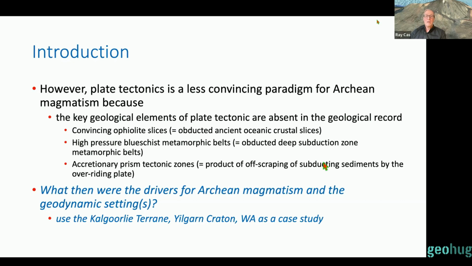There's also an absence of high pressure blueschist metamorphic belts, which represent the high pressure zone of subduction, where off-scraped sediments and slices of downgoing basalt are metamorphosed to high pressure metamorphic assemblages called blueschists. And to really validate subduction related to plate tectonics and seafloor spreading, we need to find evidence of accretionary prisms, which represent en echelon stacks of fault slices of off-scraped sequences of sediments and sometimes bits and pieces of the basaltic layer 2.